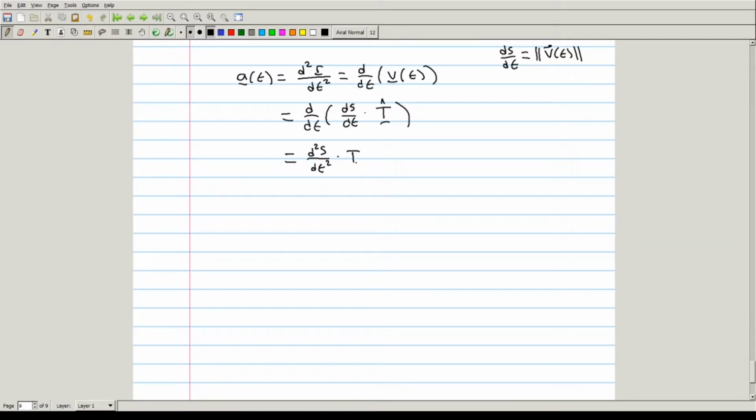Plus ds/dt, the rate of change of arc length with respect to the parameter t, multiplied by the derivative of the unit tangent vector with respect to t. This is the normal product rule.